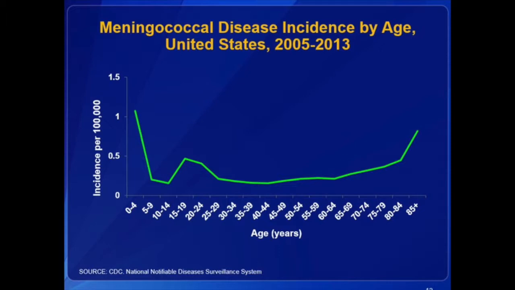The x-axis divides them into different age cohorts. The largest peak in incidence is in children 0 to 4 years of age. There's a second peak in individuals 15 to 25 years of age. And then the incidence also starts increasing again in the elderly, especially those 85 years of age and older.